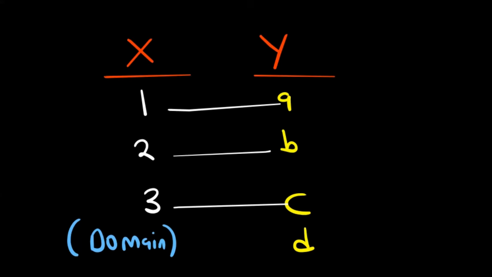However, it's still a function because you can have an output value without an input value. So we will no longer call this one a range, but we'll call it the codomain. That's very important for us to understand.